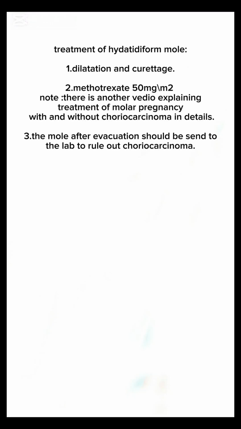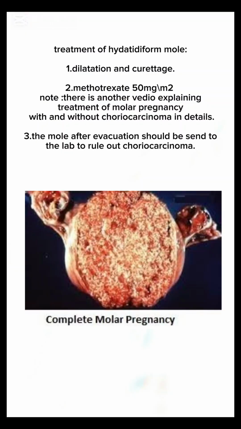What's the treatment? The treatment is dilatation and curettage with methotrexate 15 milligrams per body surface area. What's the role of methotrexate? Methotrexate is a folate antagonist, which prevents DNA and RNA synthesis in the cell, which prevents further growth of the mole.